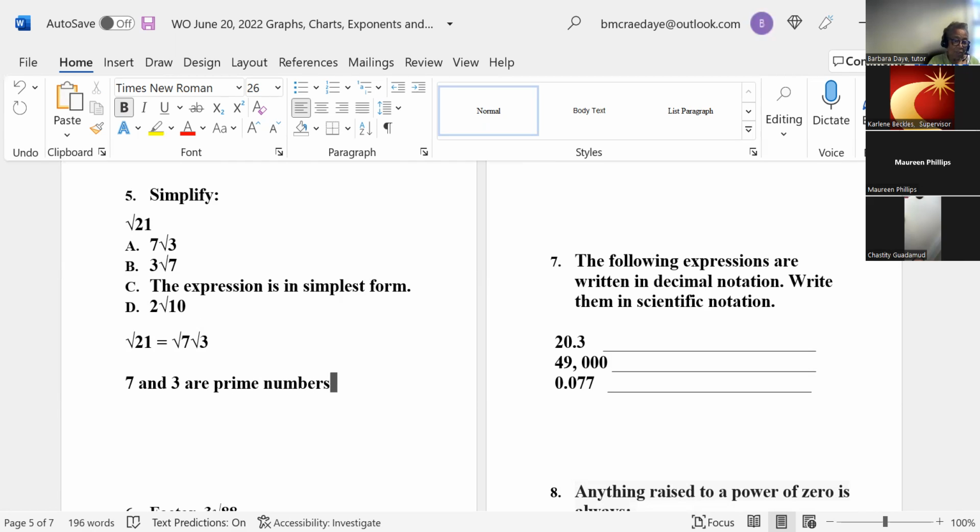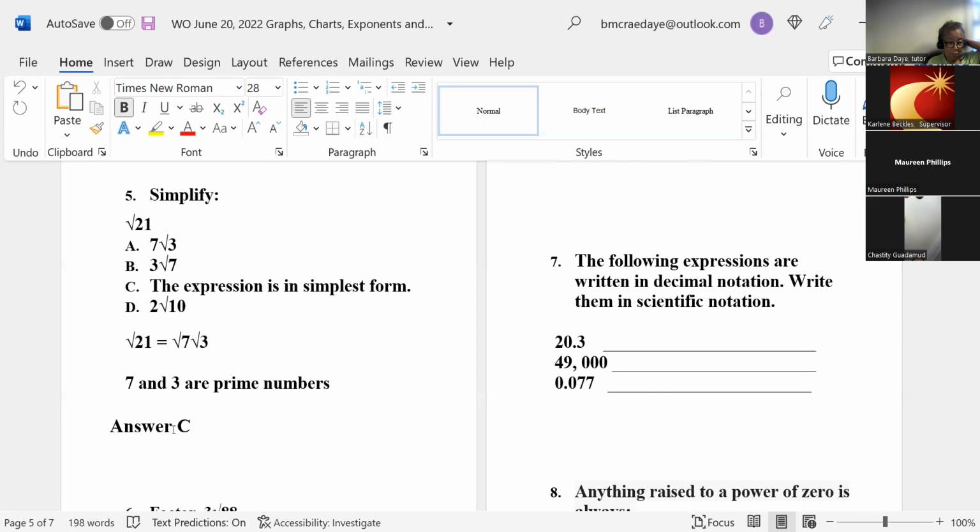They can't factor into anything other than themselves and 1. So when you get prime numbers as your radical's factors, that means the radical is in its simplest form. So your answer would be C.